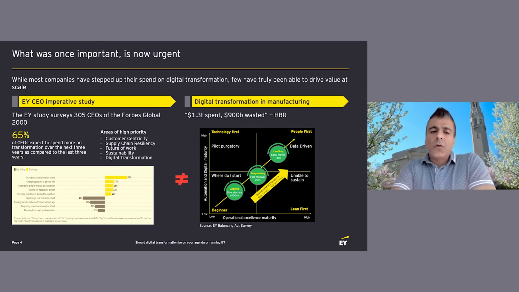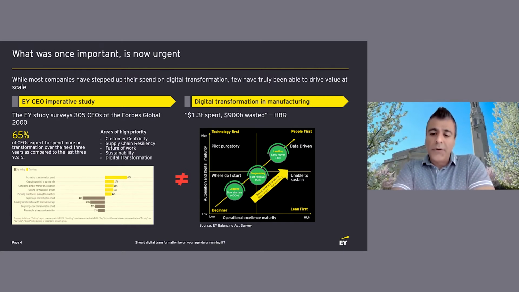As we've talked to 300 plus CEOs of the Fortune Global 2000, what's interesting is there's a clear divide between executive leaders that recognize this opportunity, are doubling down on investing in digital transformation and really making transformation and a growth agenda a big focus for how they operate.